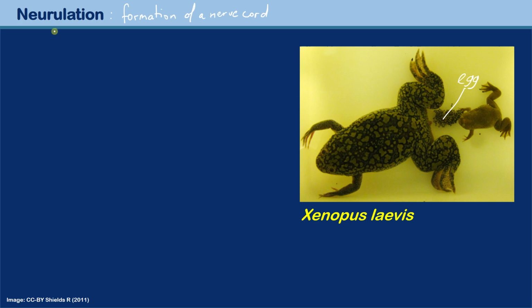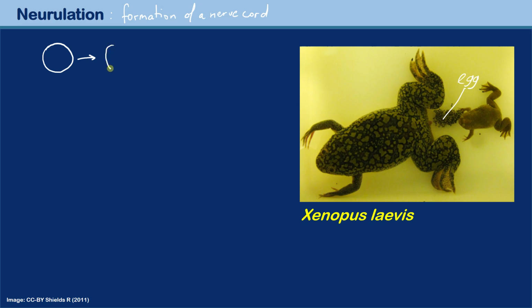Let's have a look now at how neurulation works. First of all, what we need is a fertilized egg cell, and let's assume that it was just fertilized, so it's a diploid cell. Then this cell will undergo mitosis. In the first divisions, the overall size does not increase, but rather the cells become smaller.